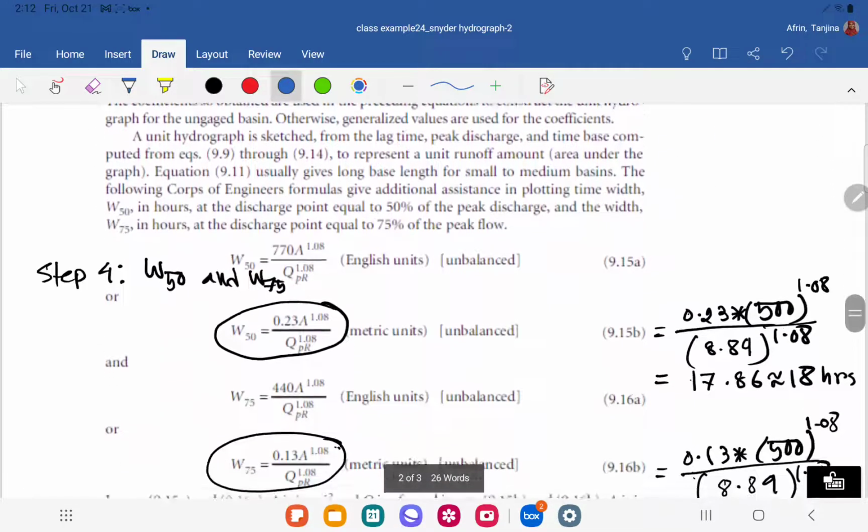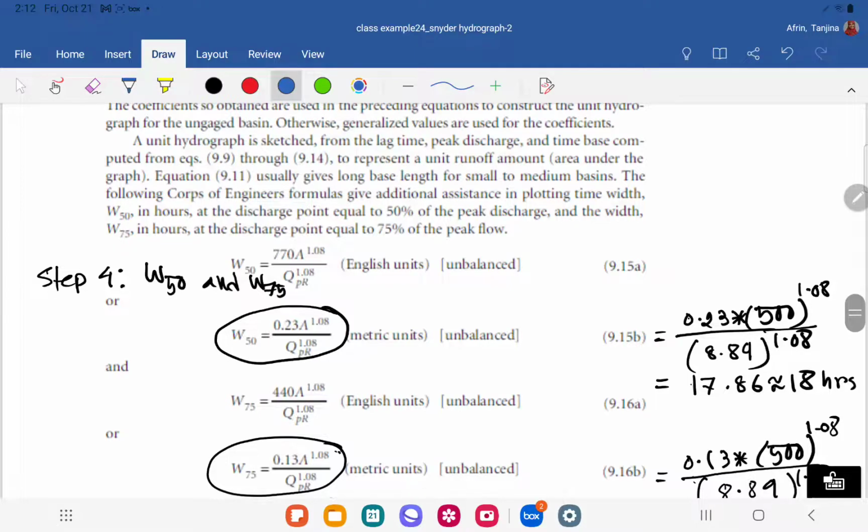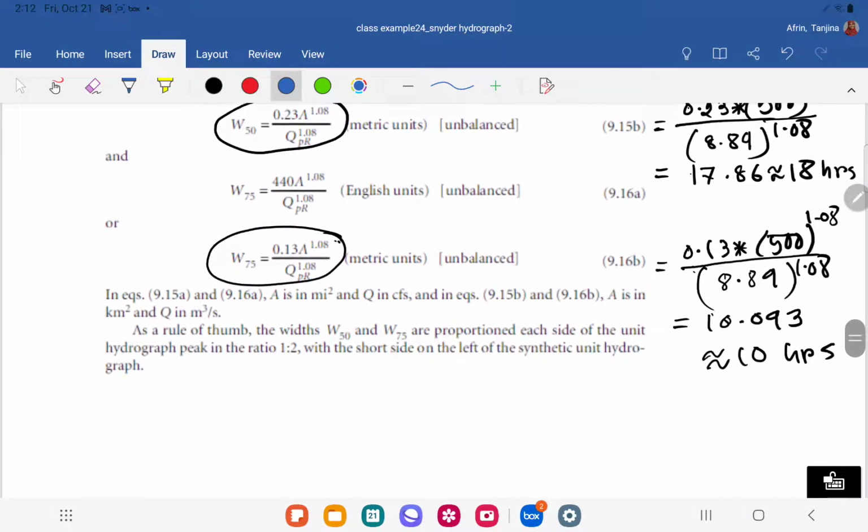Now if you notice the very first one, as a rule of thumb, the widths W50 and W75 are proportioned each side of the unit hydrograph peak in the ratio 1:2, with the short side on the left on the synthetic unit hydrograph.